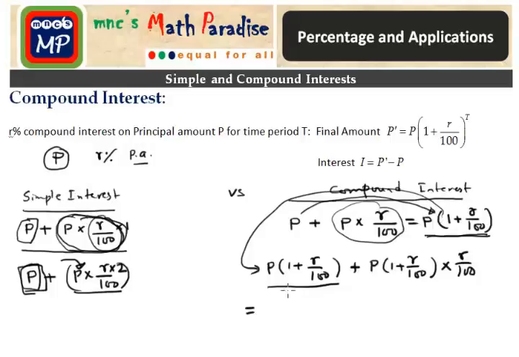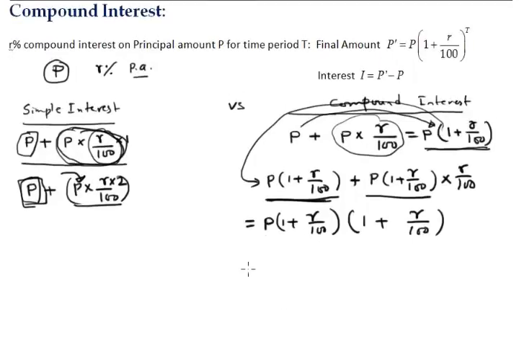So if we take this part common, P times 1 plus R division 100, then from here we will get 1, and from here we are getting this. So that can be written as P times 1 plus R division 100 squared.